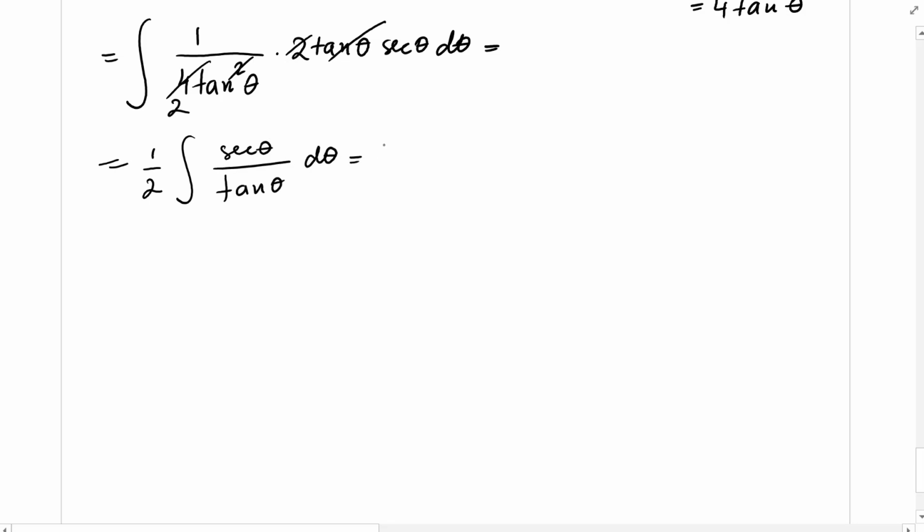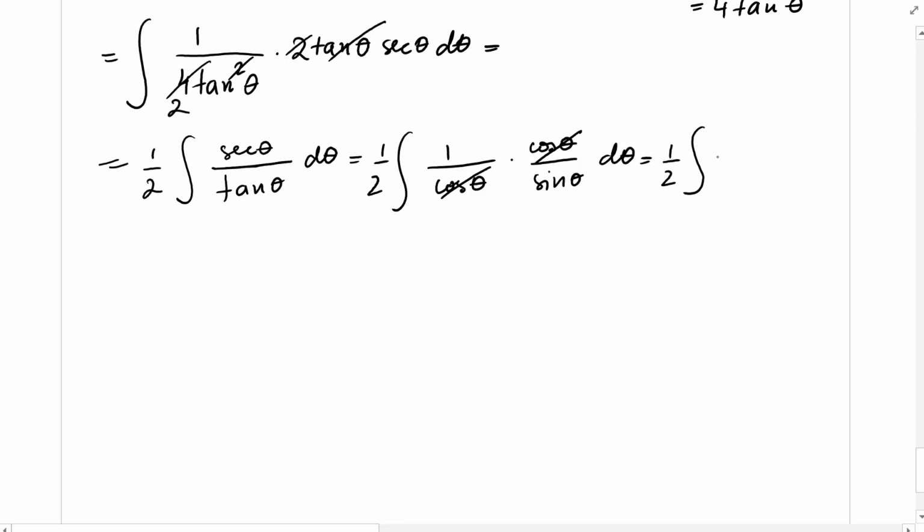I'm going to change this into sine and cosine to simplify it. So I get 1 over cosine theta, well, it would be divided by tangent, so it's going to be times cosine theta over sine theta. We do the reciprocal, and these cancel, and we get 1 over 2 integral of cosecant theta d theta.